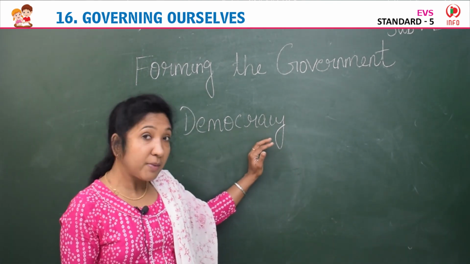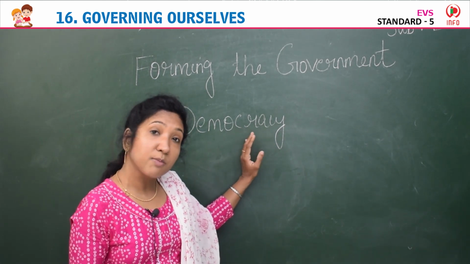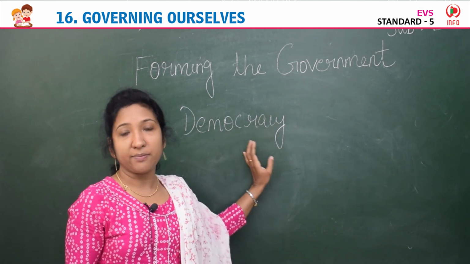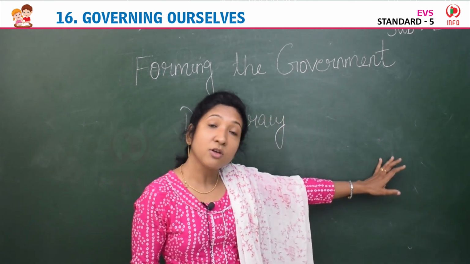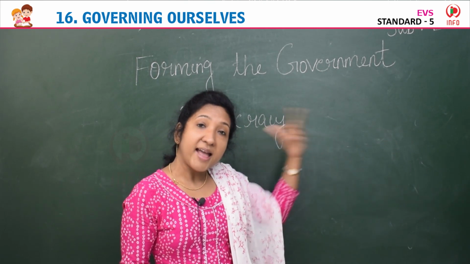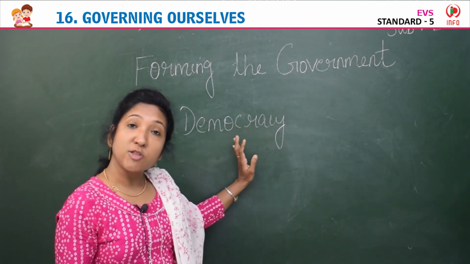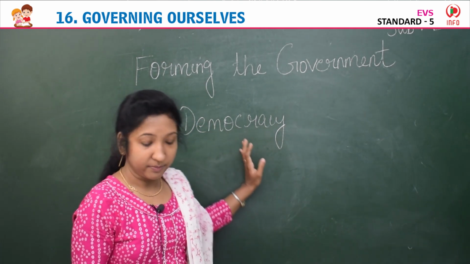There are many parties, so the party getting the maximum number of votes will form the government and will be the ruling party. The other parties, which got fewer votes than the majority, will be the opposition party.